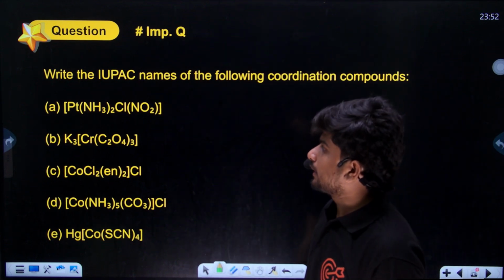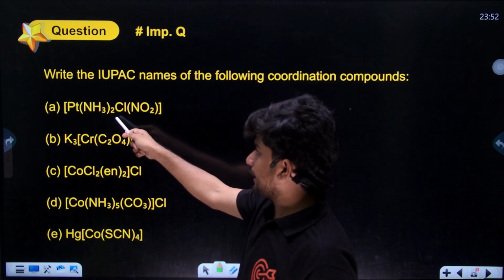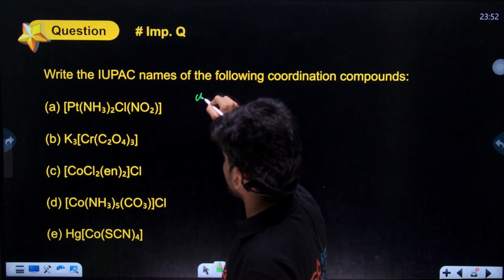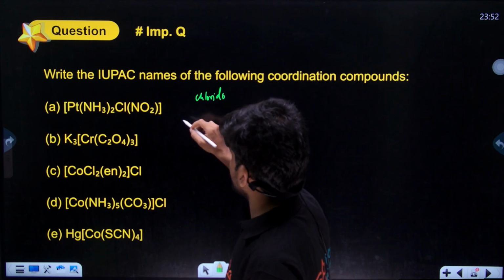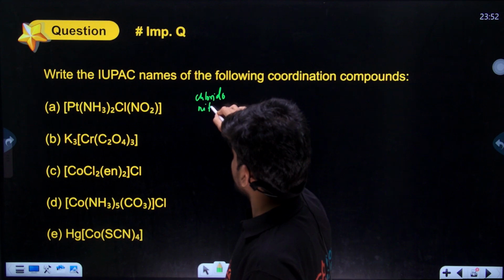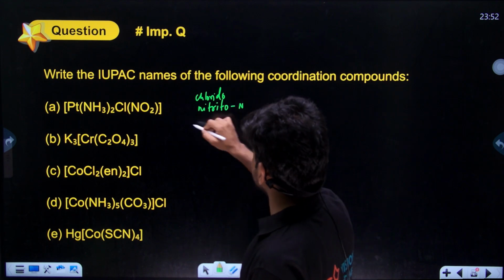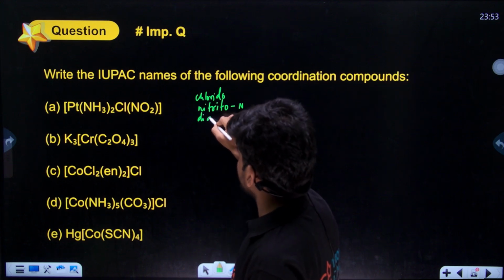First one, platinum, amine. You have diamine, chlorine. We'll identify what are the amines. You have chlorido, next you have nitrito, nitrito N, because N is attached directly, and you have diamine.